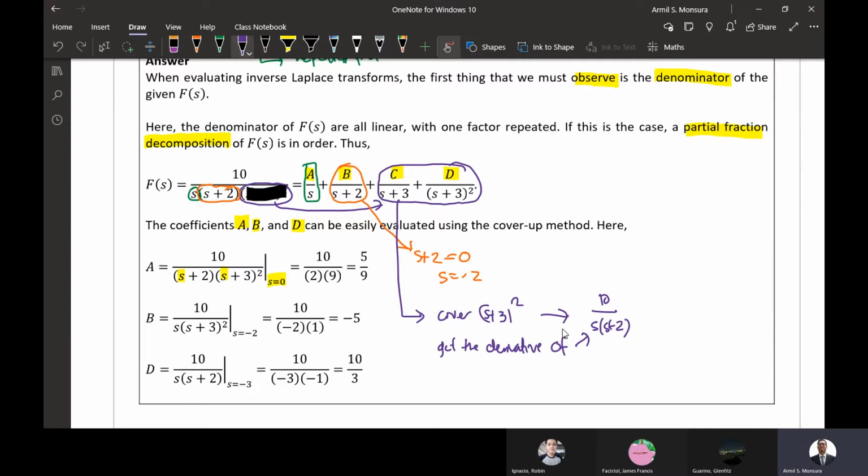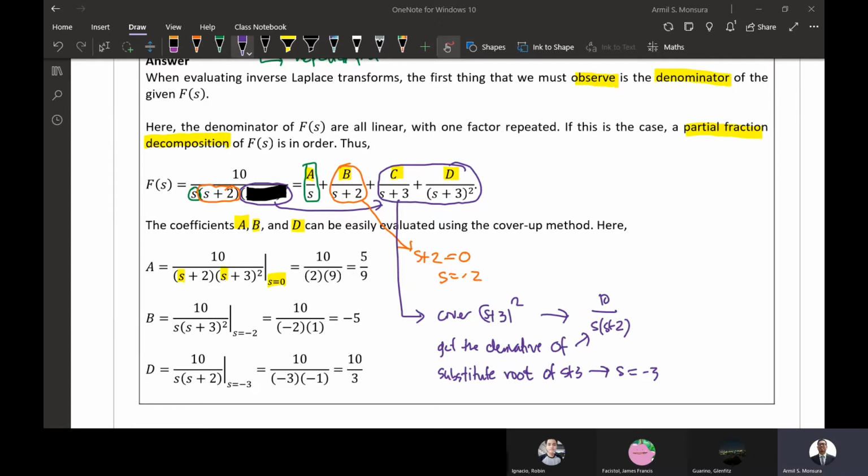Pag nakuha nyo na yung derivative, saka nyo isa-substitute yung root of S plus 3, which is S equals negative 3. Ang maganda dito, kung may calculator kayo na 991, pwede nyo siyang idiretso sa calculator.